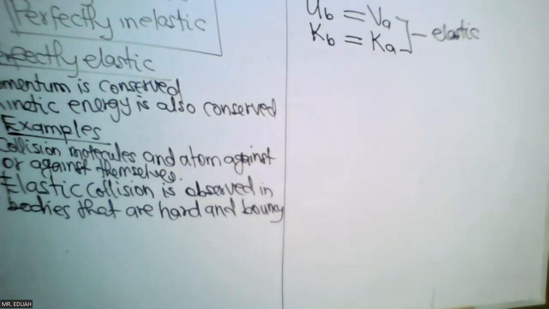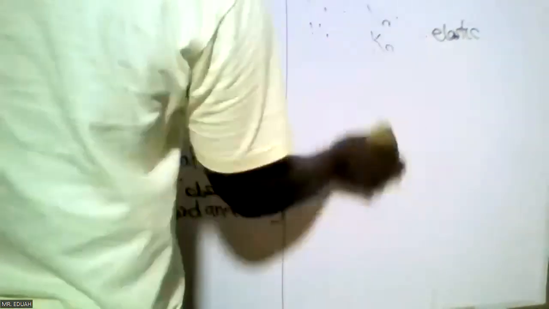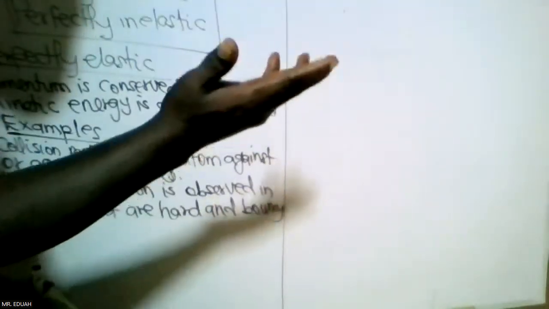Why do they demonstrate elastic collision? It is because, look at the tennis ball. When I move it to hit the floor, the tennis ball can rise to the level of the throw.